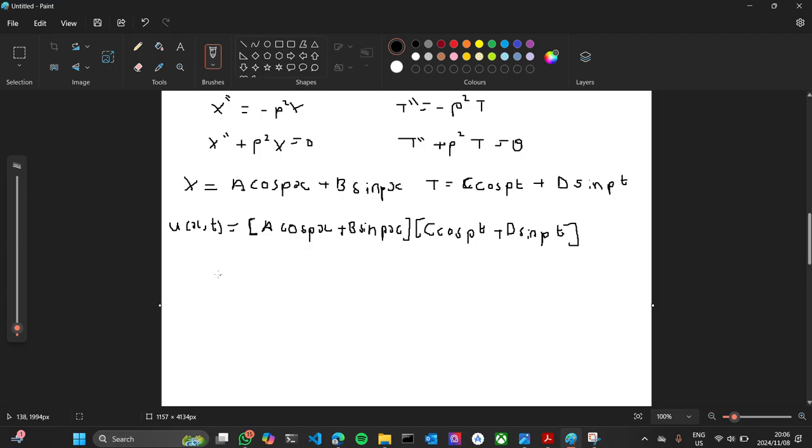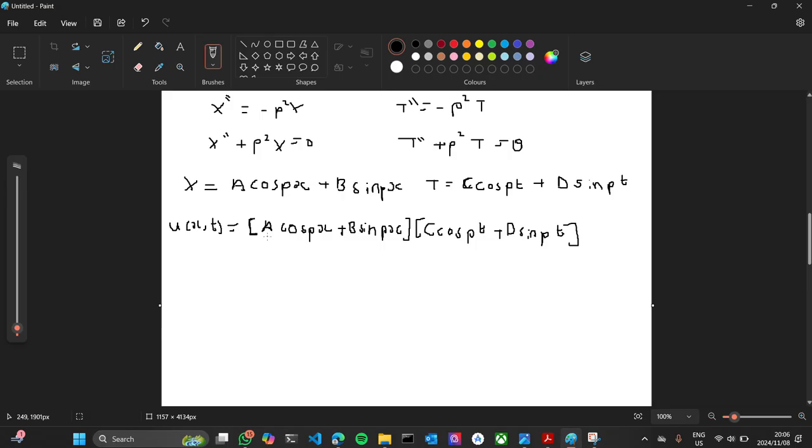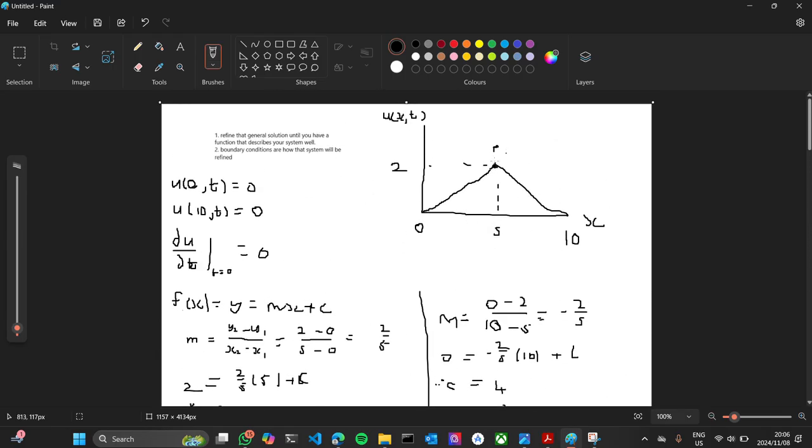Alright, so this is now a little bit more of a refined solution, but it's still too general for a use case that we have, and that is describing the motion of this particular string here.